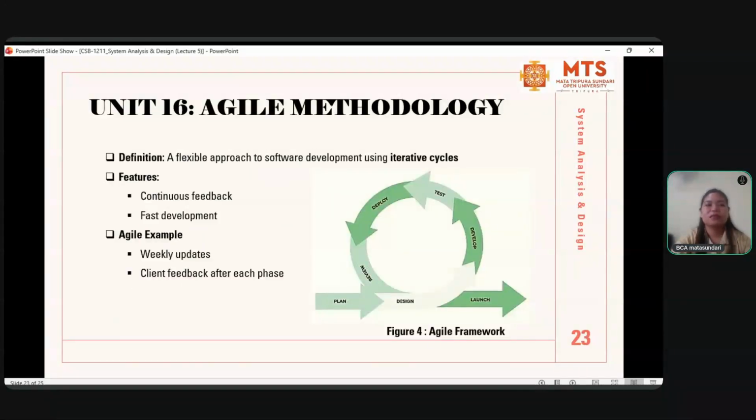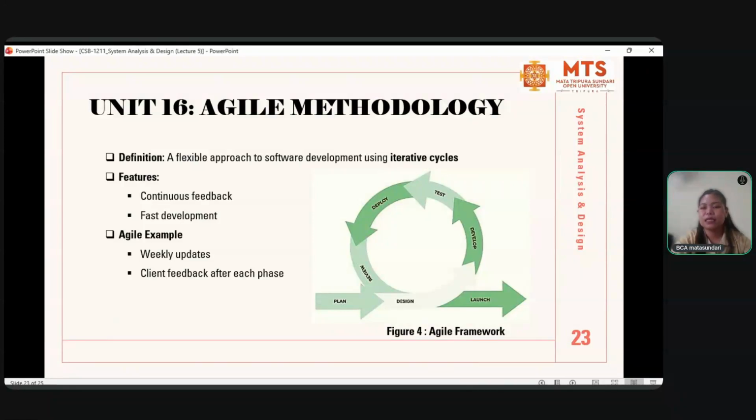Next, moving to agile methodology. What is agile methodology? It's a flexible approach to software development using iterative cycles. The features of agile methodology are continuous feedback and fast development. Examples are weekly updates and client feedback after each phase.